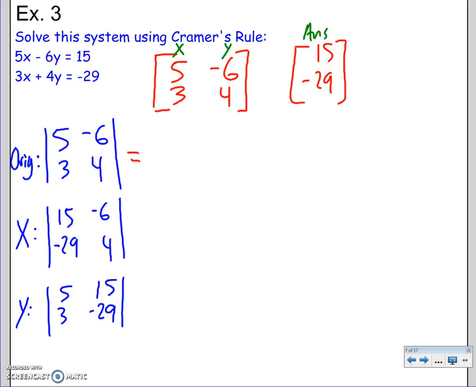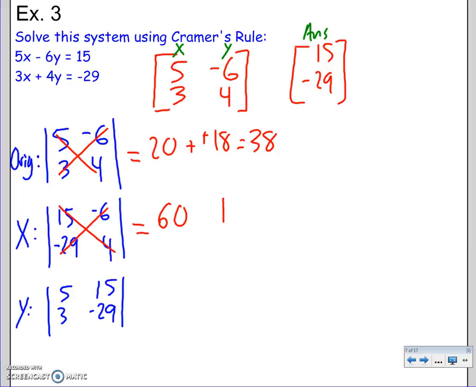Here, I'm going to do 5 times 4, that's 20. And I'm going to do this, that's negative 18, and I subtract them. So if I add, that's really 38. The second one, 15 times 4, that's 60. Negative 29 times negative 6 gives me positive 174.